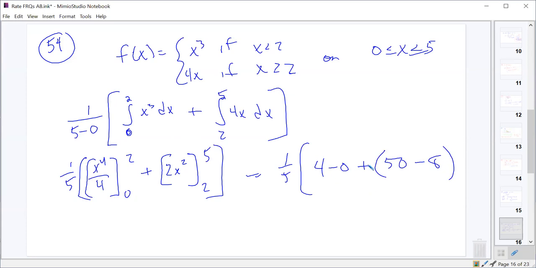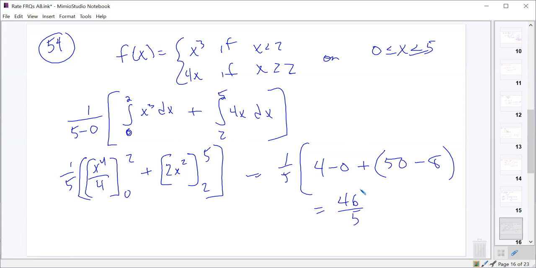So we got 4 plus 42 is 46, and we end up with 46/5, which is, I guess, choice B, 9.2.